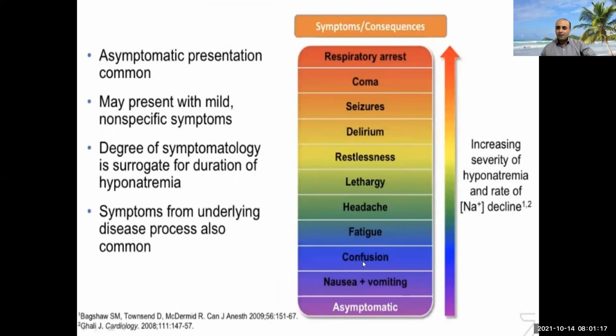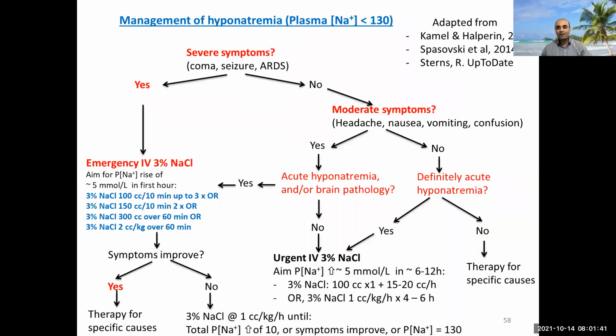Sometimes you will find your patient fatigued, unable to move, and his mood is not good. Sometimes the patient complains of headache, lethargy, and weakness. Your patient may have delirium, restlessness, and agitation. Some critical patients come to the emergency with seizure, coma, and respiratory arrest. These should be treated as emergencies.